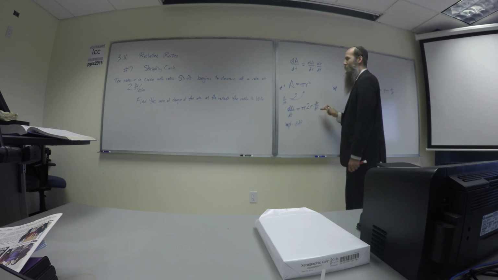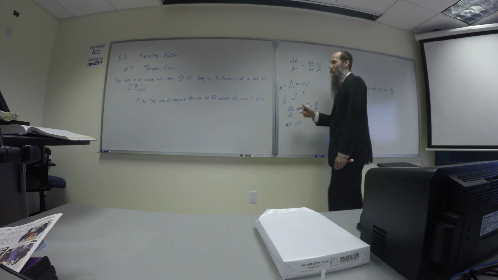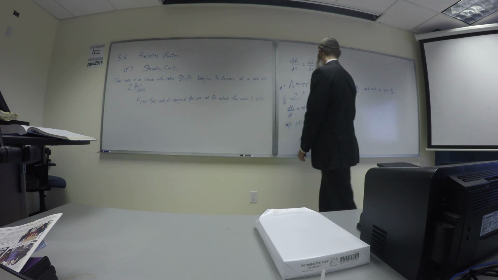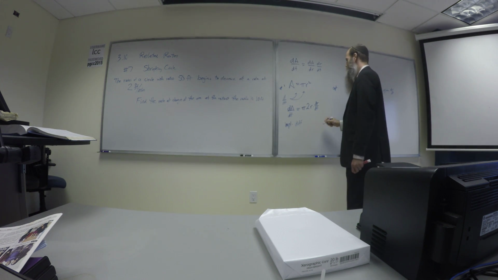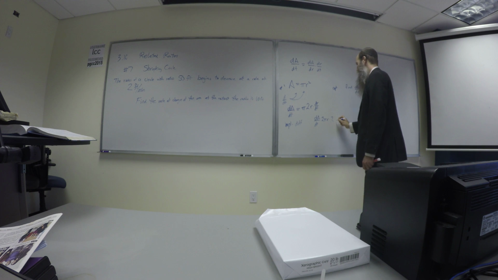Well, we know dr/dt is what? A constant 2, the radius versus time. So we'll plug that in too. Now dA/dt is 2 pi r times 2 for dr/dt, which equals 4 pi r.